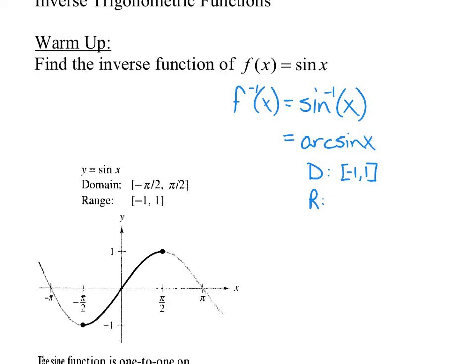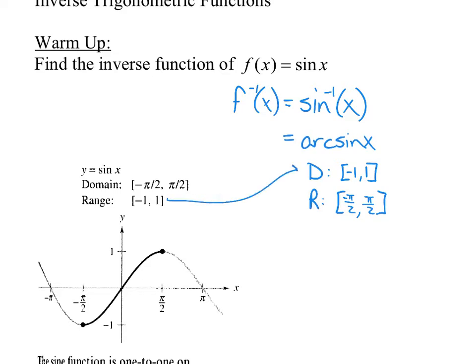Okay? So you can't take the arc sine of a negative 3. Alright, you'll get an error because it's outside of our domain. Okay? Now the range of the arc sine would be what? Yeah, negative pi over 2 to pi over 2.